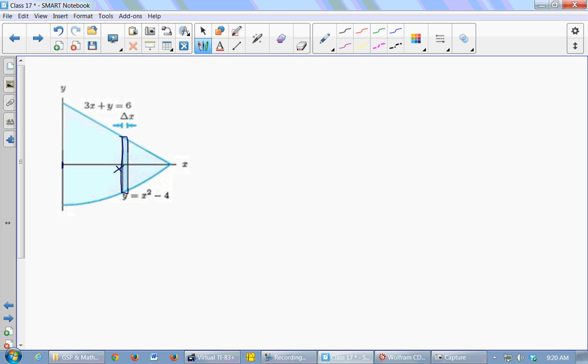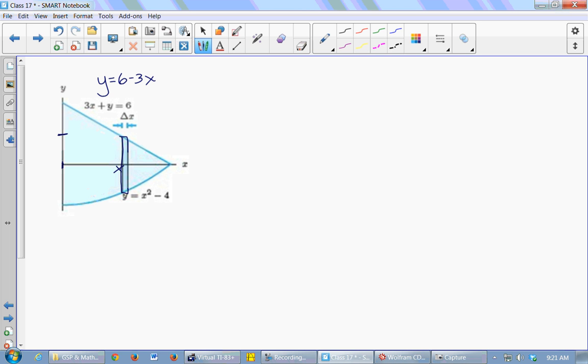And what would the height of that rectangle be? It's going to be the distance between the line 3x plus y equals 6 and the curve y equals x squared minus 4. This is going to be better if I rewrite this as y equals 6 minus 3x, so that I have a y coordinate.